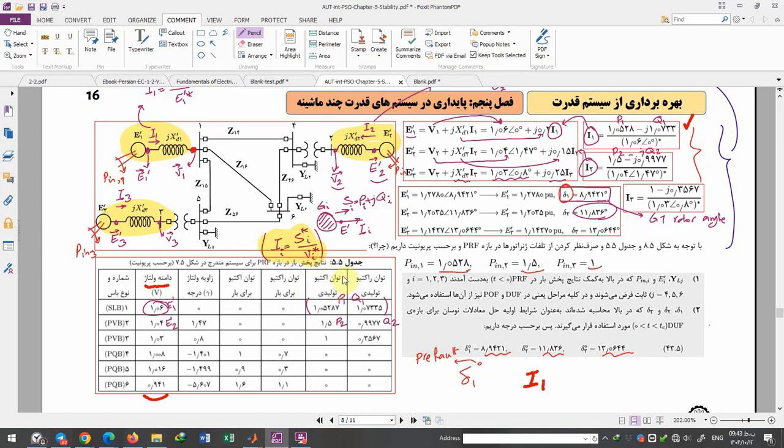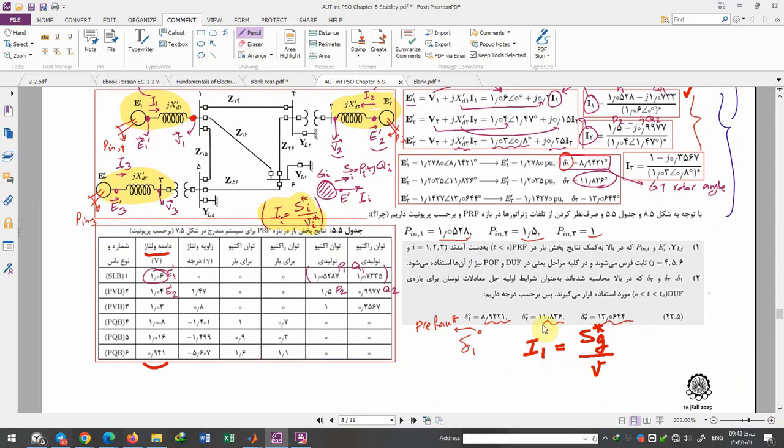The generator active power is here, reactive power is here. Active power and reactive power generated for 3 buses is here. It is S of generation, conjugate, over the voltage of each bus we want to calculate. For example, this is I1, the V1 conjugate.